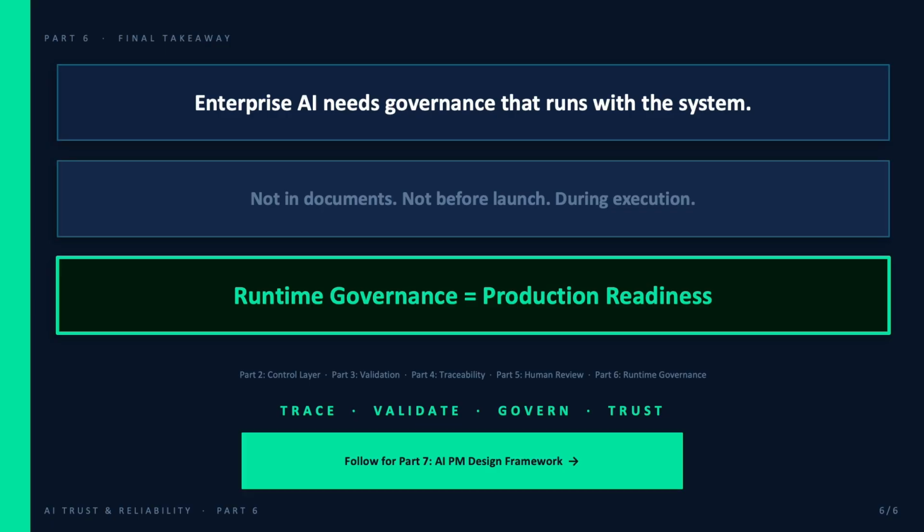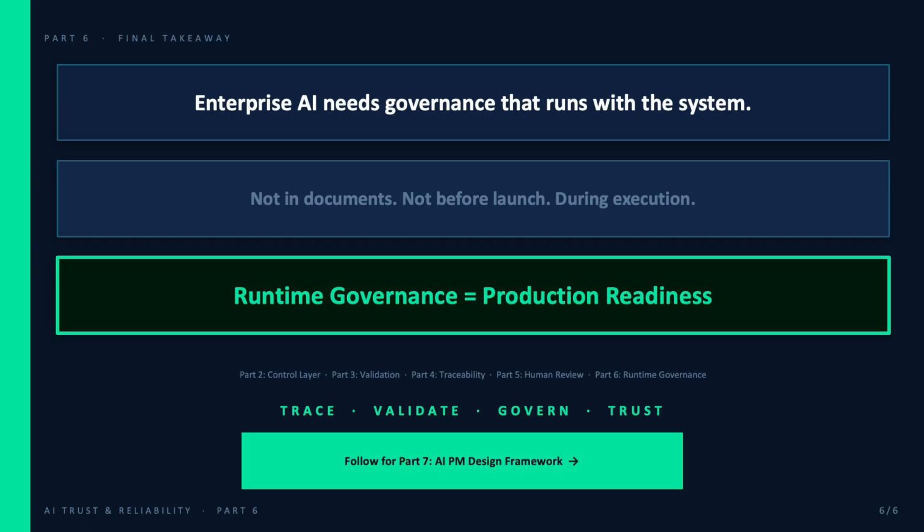Because a production AI system does not just need to generate useful outputs, it needs to validate, govern, trace, review, block, escalate, and improve over time. That is how AI moves from isolated automation to reliable enterprise infrastructure. Part 7 will bring this into an AI product management design framework.